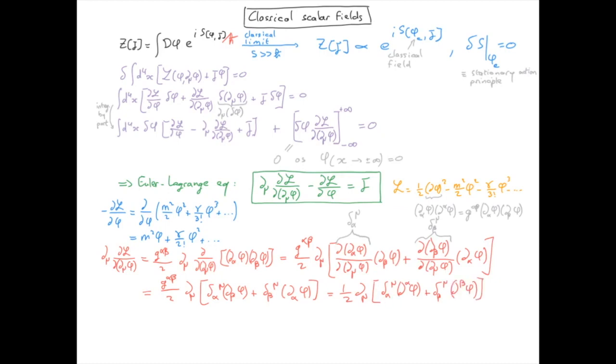There is a sum over alpha and a sum over beta. However, only the terms where alpha is equal to mu and beta is equal to mu are going to survive. Putting all these terms together into the Euler-Lagrange equation, we get the equation of motion for classical fields.